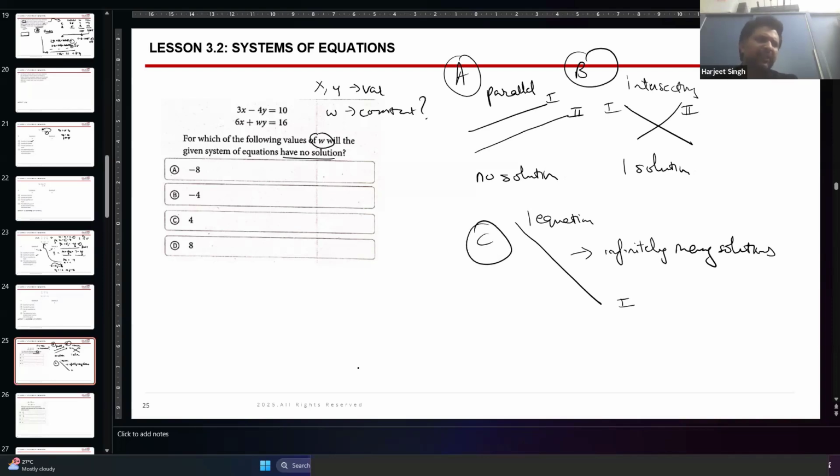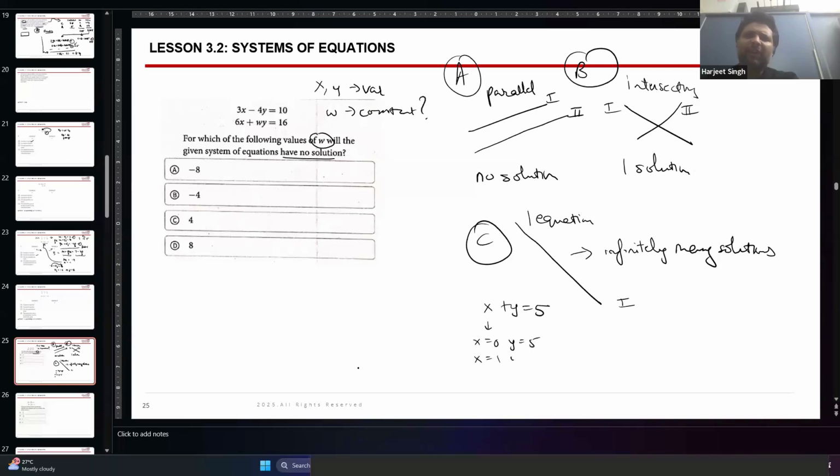We could be tested on these. So lines are parallel means no solution. Intersecting lines means one solution. And if only one equation is given, it means infinitely many solutions. How is that possible? Suppose the equation given is x plus y equal to 5. If x equal to 0, y is 5.